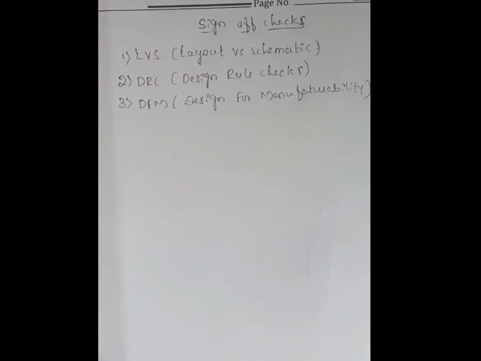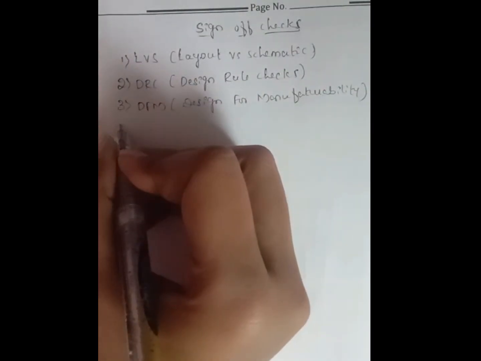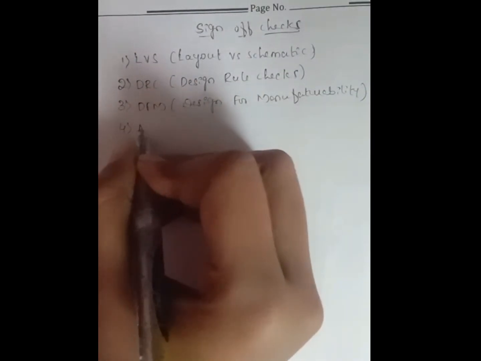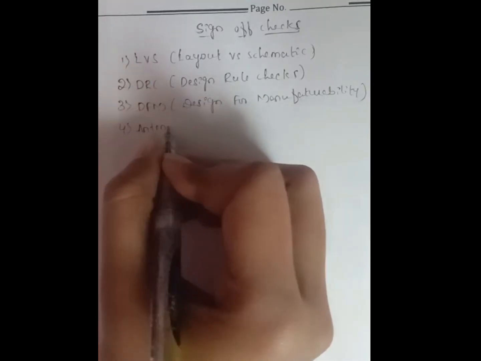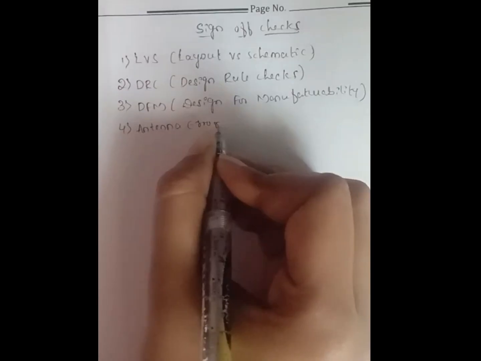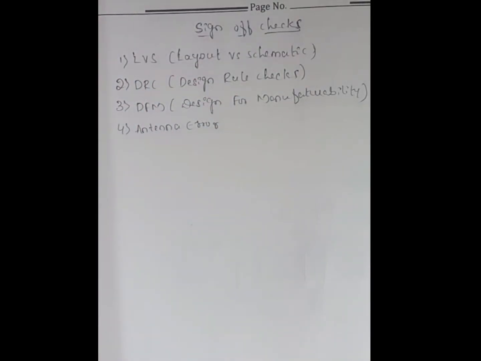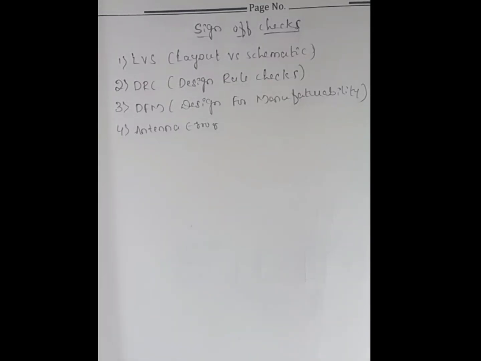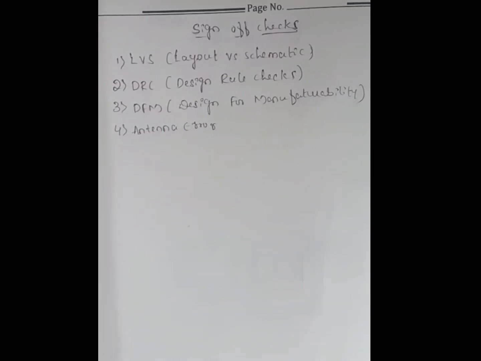Next sign-off check is antenna error. It normally occurs in fabrication when we do plasma etching. Due to the plasma etching, the charge carriers accumulate on the metal, so it works as an antenna.